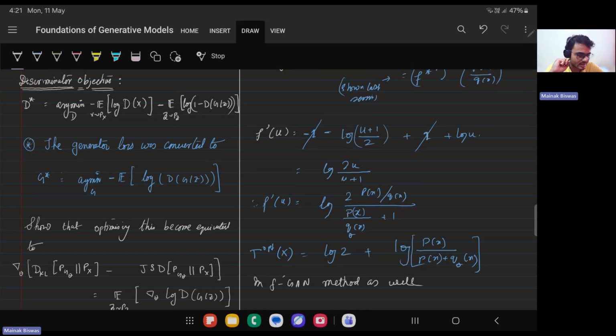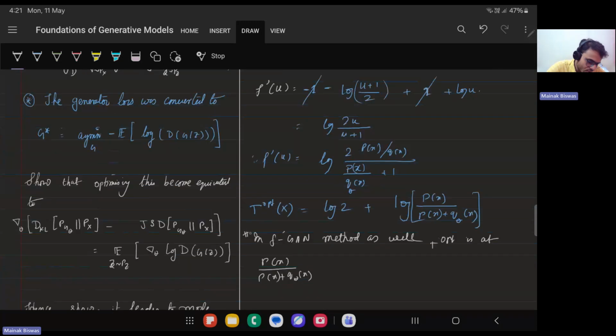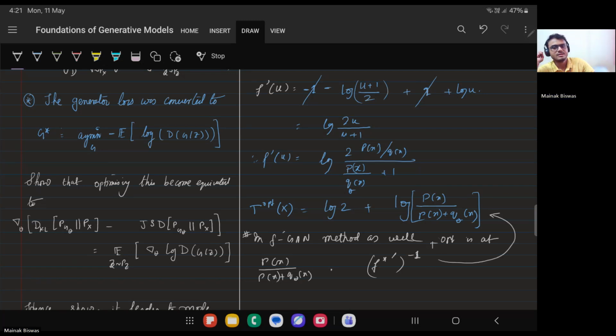This is what we have observed. As your homework, you can take the conjugate's derivative's inverse of f star and show that this is exactly equal to this. Okay, so that's said and done.